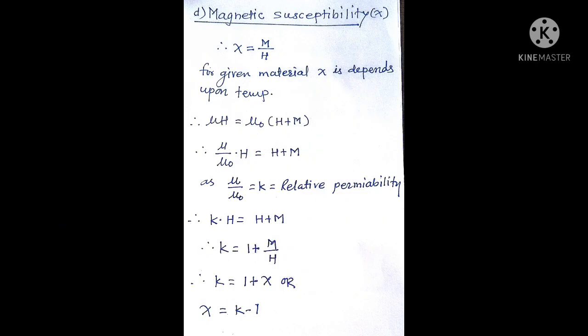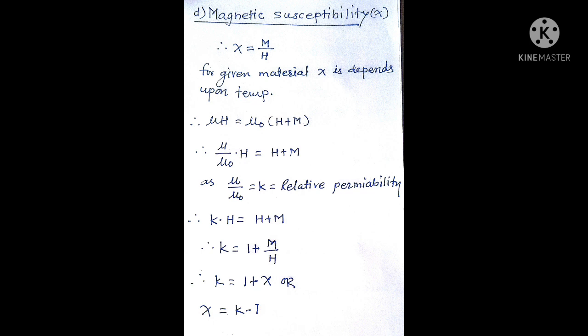So according to the definition, the magnetic susceptibility we can define as a ratio of intensity of magnetization induced in the magnetic substance, which is represented by capital M, and intensity of magnetizing field, which is represented by capital H. Therefore we can write magnetic susceptibility chi is equal to capital M divided by capital H. Now this is the characteristic of material.